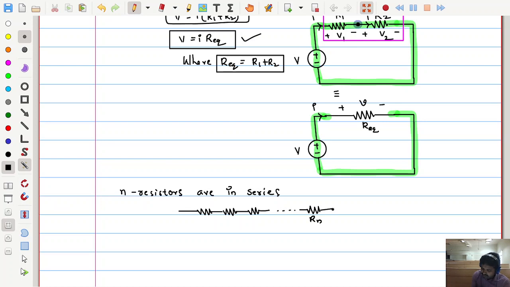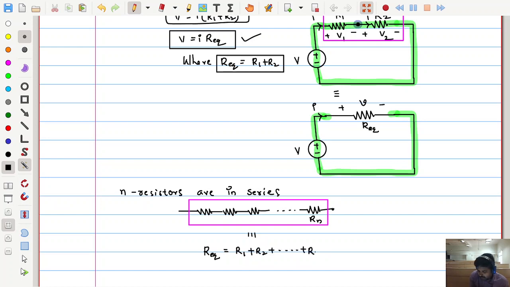Let us say these n resistors are inside a box, as in the previous assumption. These might be 1000 coins with you, and you want to make the entire 1000 coins into a single note. So this entire box has some equivalent resistance, which is equal to the sum of all the resistors, that is R1 plus R2 plus and so on, Rn.